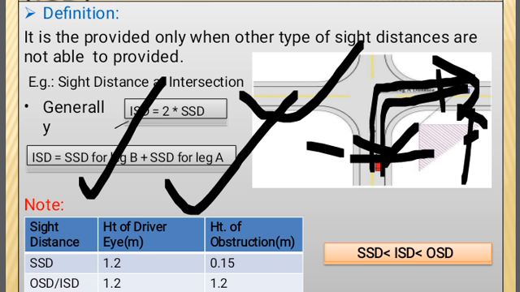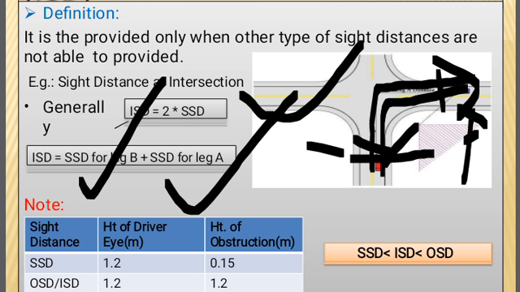While calculating the sight distances for different criteria, such as stopping sight distance, overtaking sight distance and intermediate sight distance, the height of the driver and the height of the obstruction are different.